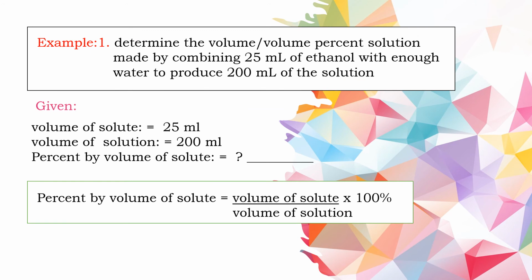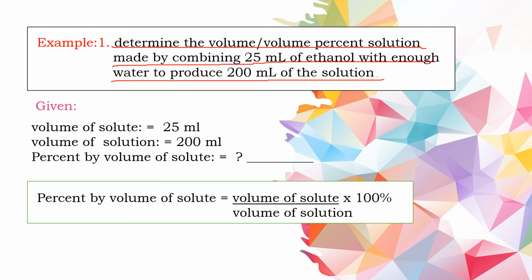Okay, example number 1 na po tayo. For our example number 1, we're going to determine the volume percent of a solution made by combining 25 ml of ethanol with enough water to produce 200 ml of the solution.